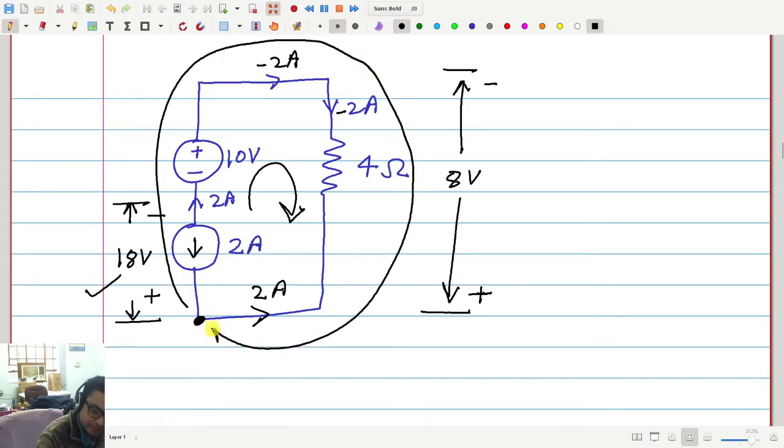From here, if I come at this point, there is a voltage drop of 18 volt. Then from this point, if I come here, there is a voltage rise of 10 volt, and then another voltage rise of 8 volt. So total drop is 18, total rise is 18, which cancels. Yes, sir, got it.